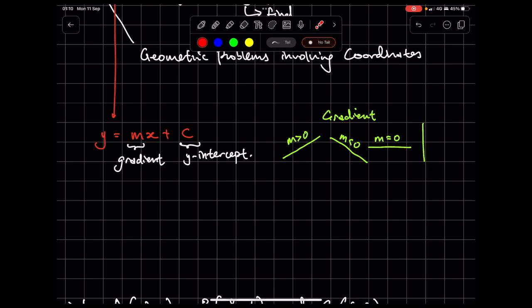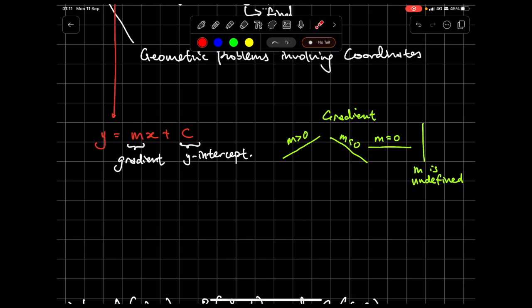Now for the last scenario, we have a vertical line. And this vertical line is when m is undefined. If you want to, you can think of it as infinite gradient. That means you're going straight up and down, without walking forward at all, right? Infinite gradient. But that's not technically correct.